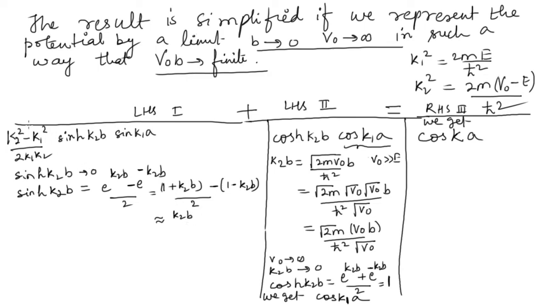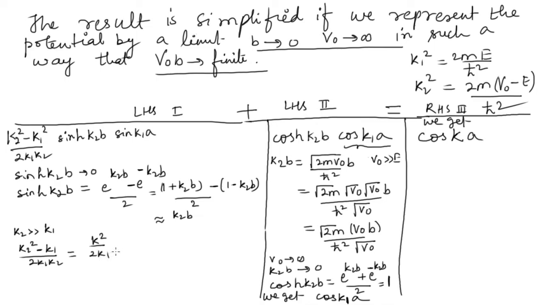Now the term left is the first one. k2 is much greater than k1, so I can neglect k1 square. I get k2 square minus k1 square upon 2 k1 k2 is equal to k2 square upon 2 k1 k2. k2 will cancel. I will get k2 upon 2 k1.